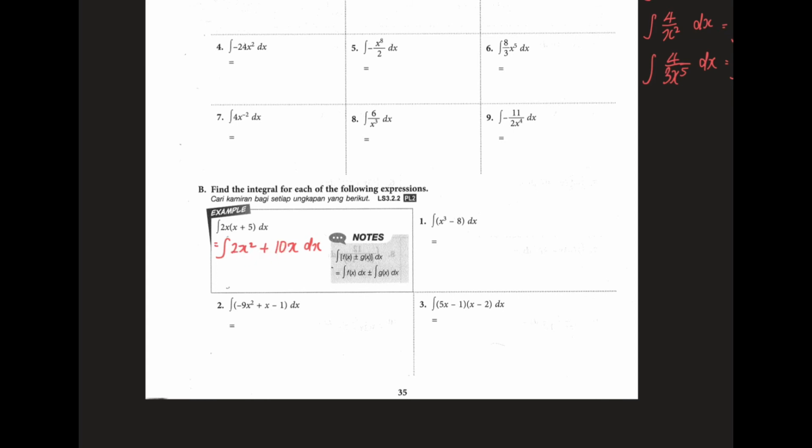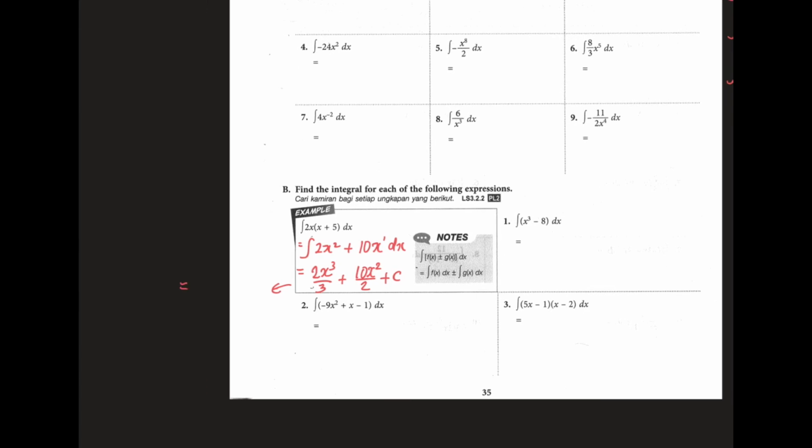Okay, now we can integrate term by term. 2x squared becomes 2x cubed over 3. 10x is like 10x to the power of 1, so it becomes 10x squared over 2 plus c.